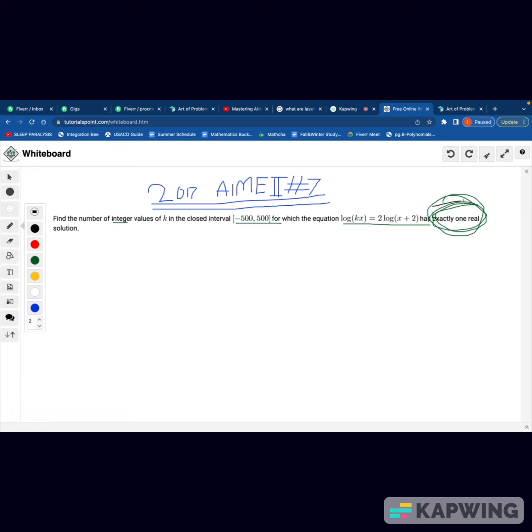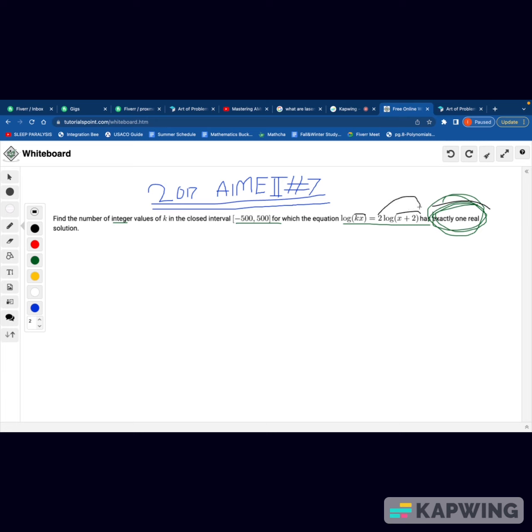Alright, so now let's solve the problem. Because we need a positive number in the argument of the logarithm, kx and x + 2 both must be positive.